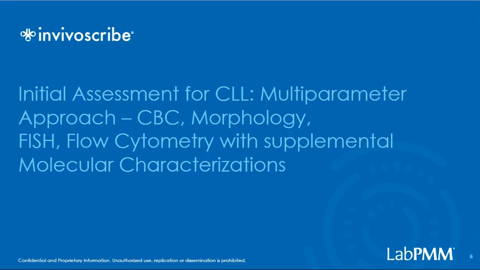So CLL, or chronic lymphocytic leukemia, is for the majority of patients an indolent hematologic neoplasm that is honestly not that difficult to diagnose, especially by utilizing a multi-parameter approach, but due to its chronic nature, it presents challenges in clinical decision-making over the time course of the disease.